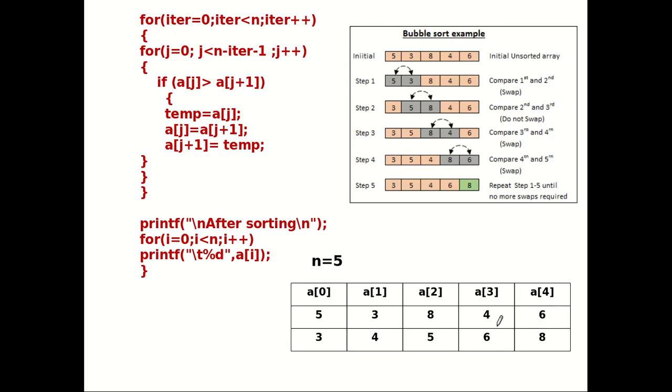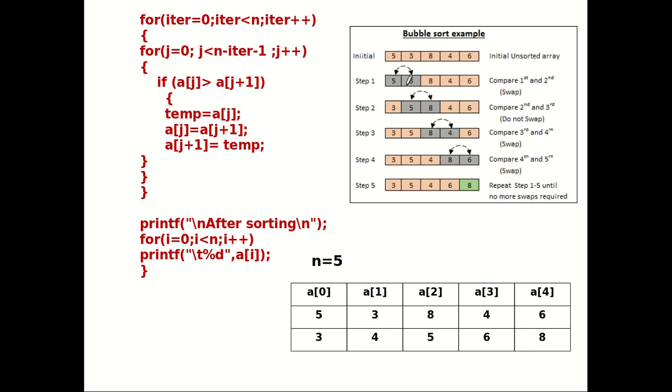Let us consider an example. This is our initial list, and we want to sort these elements in ascending order. In bubble sort, the adjacent numbers will be compared with each other.